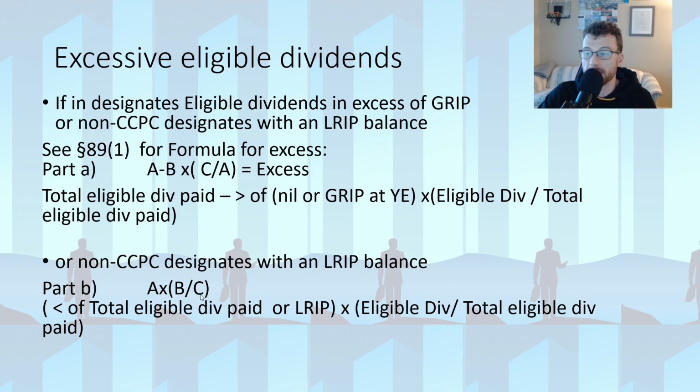A times B divided by C. A is the lesser of total eligible dividends paid or the LRIP balance. You will times this by the eligible dividends declared divided by the total eligible dividends paid.